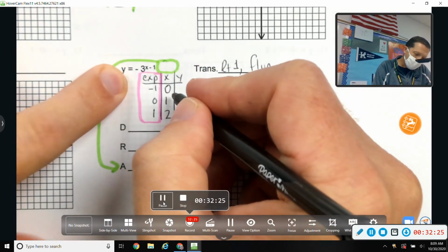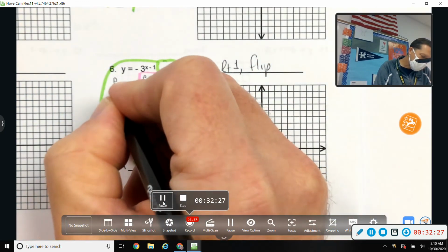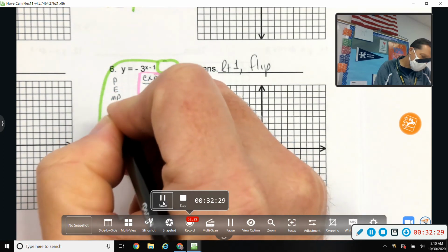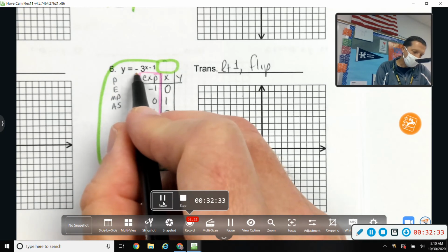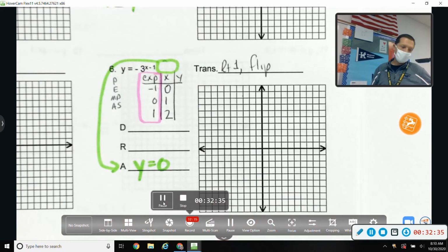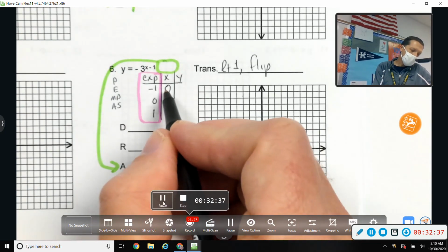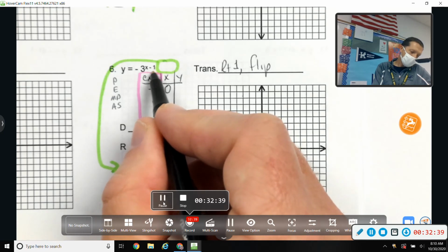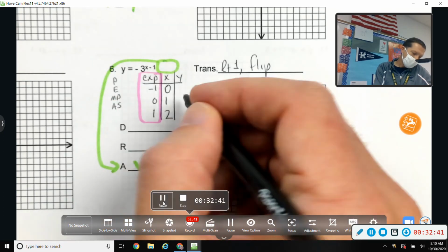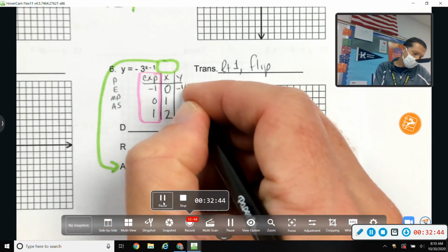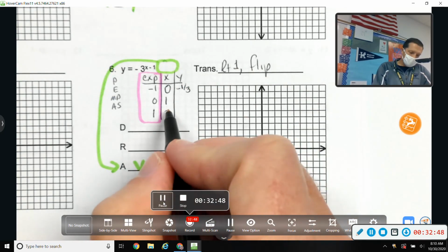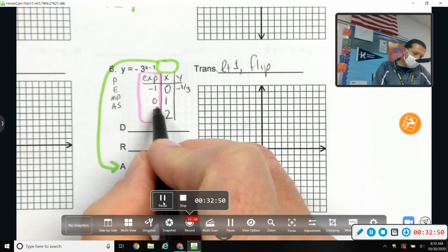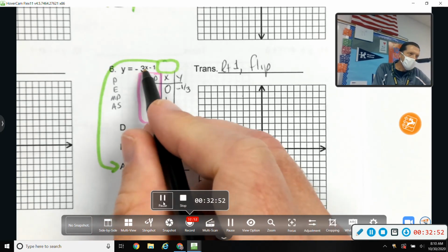Okay, a little bit of PEMDAS here. Exponent comes before multiplication, and that negative out front is multiplication. So 3 to the negative 1 is 1/3. Then put the negative on. So negative 1/3. We plug in 1, we get 3 to the 0, which is 1, and then put the negative on.